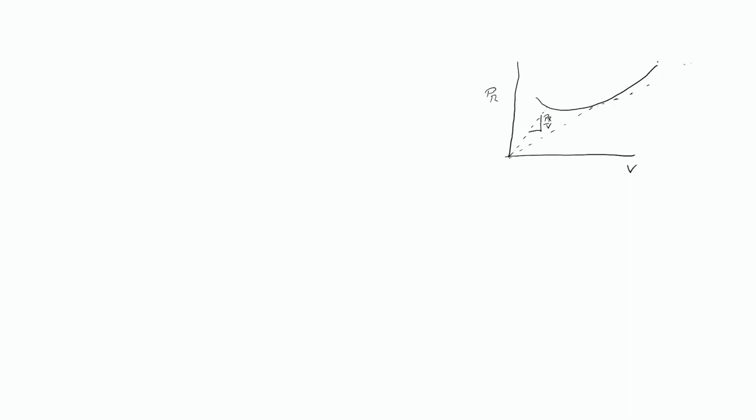So what is this slope? The slope PR by V decreases and then becomes minimum, and then again increases.